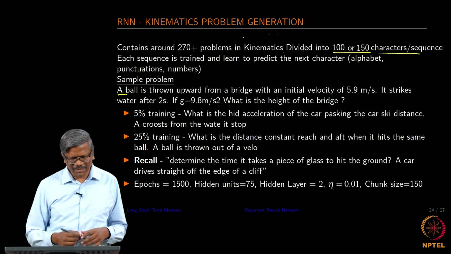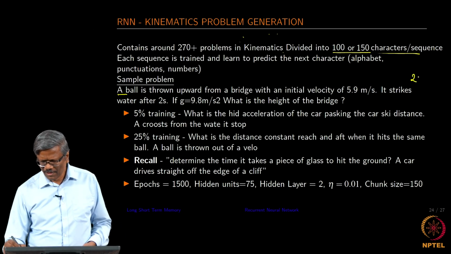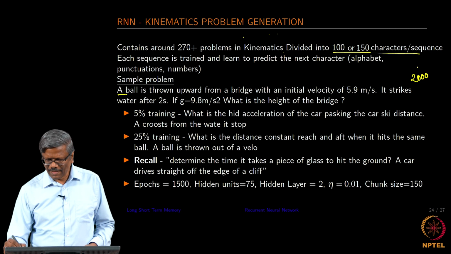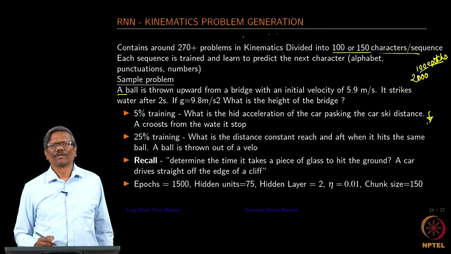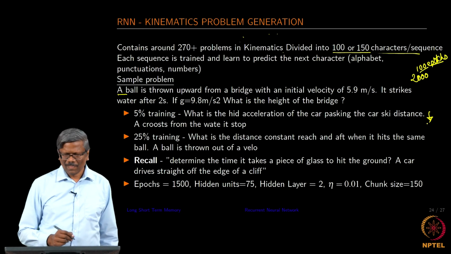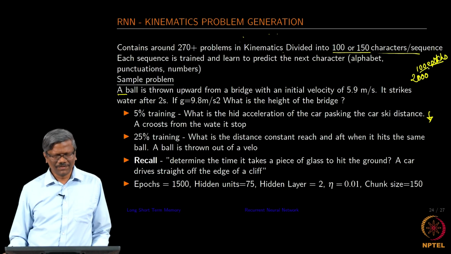So, at the end of 5% of the training, I think I have got 2000 epochs, so every 100 epochs I output some value. You can really change this.